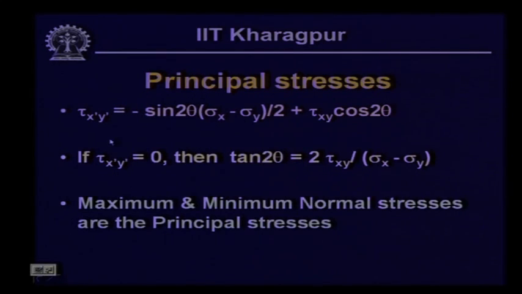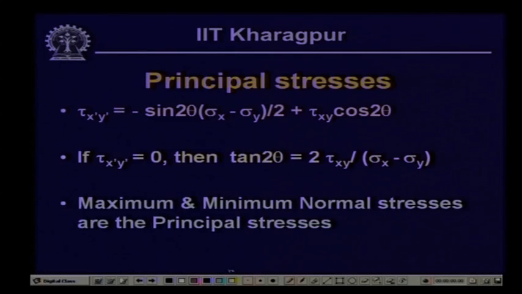Interestingly, if we look into that, the expression for tau x dash y dash is equal to sigma x minus sigma y by 2 sin 2 theta plus tau x y cos 2 theta. Now, if we set tau x dash y dash equal to 0, then we get tan 2 theta equal to twice tau x y by sigma x minus sigma y, which is similar to the expression which we had obtained for tan 2 theta by setting the derivative of the normal stress to 0.